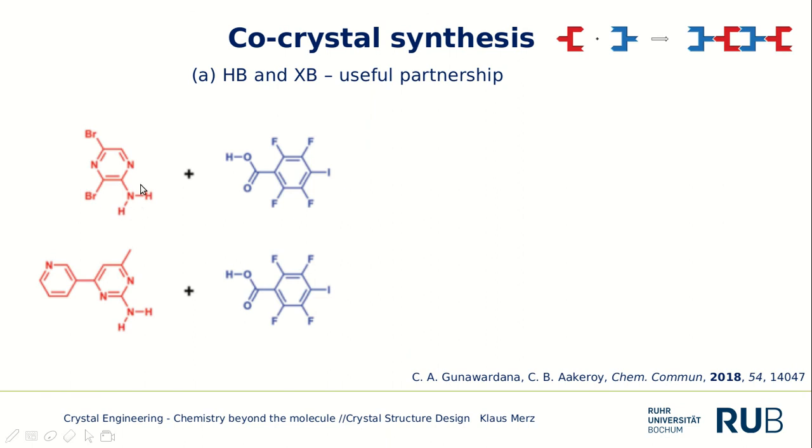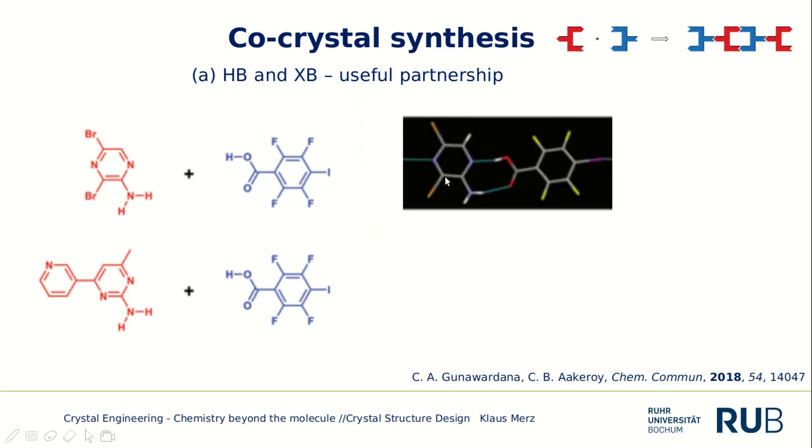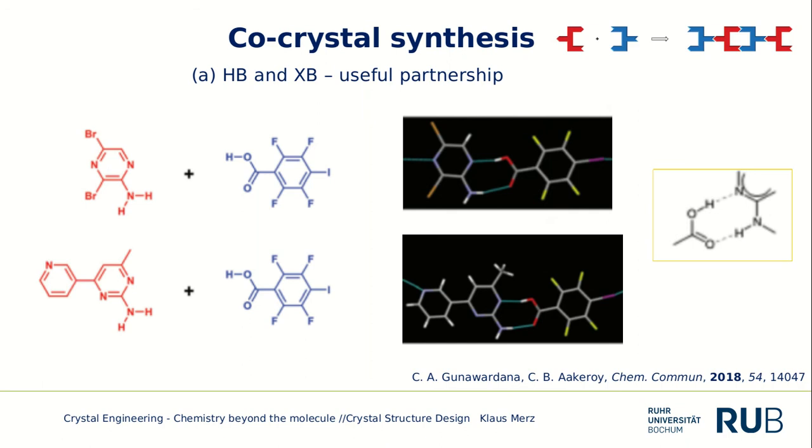Here we see directly we have our amino function, and now we have a carboxylic acid on this side. Amino function, carboxylic acid also on the side here, and very nicely acceptors for halogen bonding here, here, and here. Okay, first we have this heteromeric synthon, our amino function and the carboxylic acid, and here exactly the same.